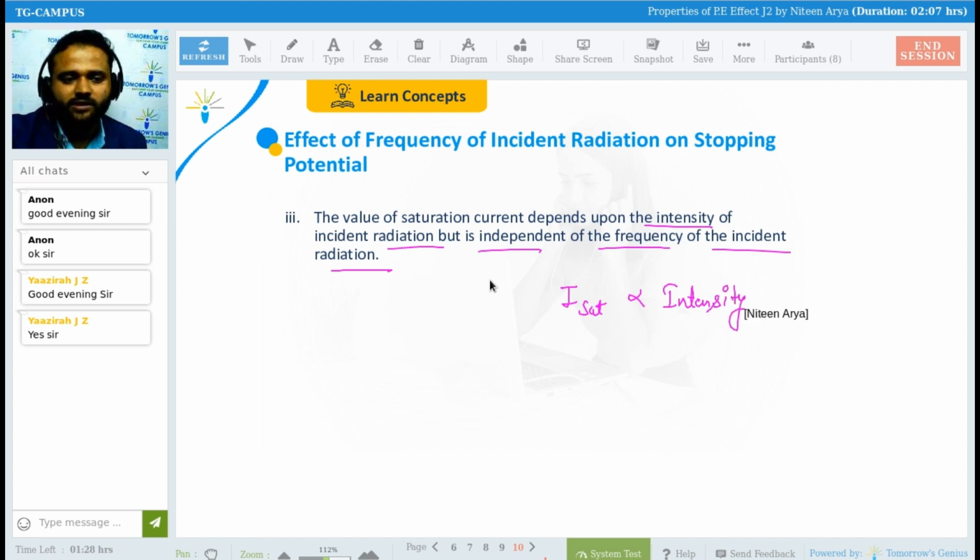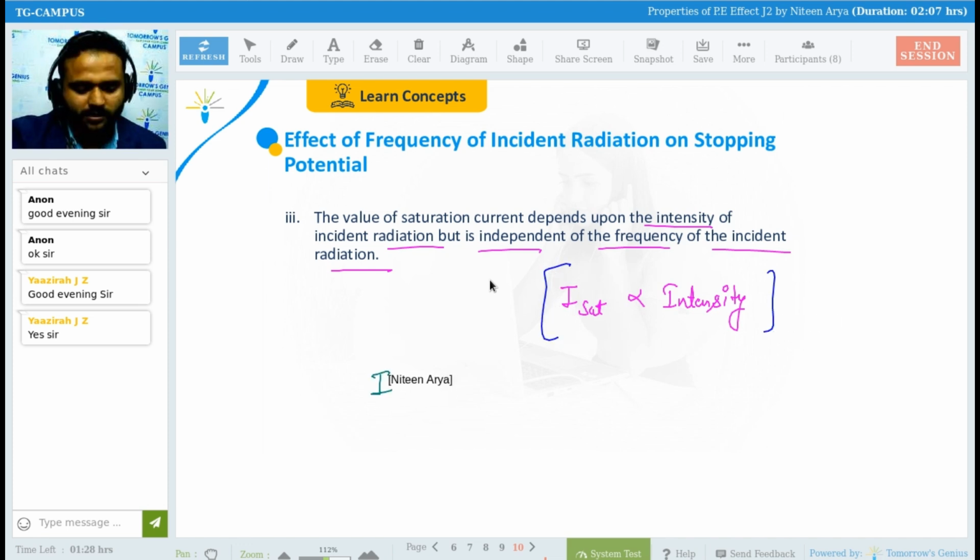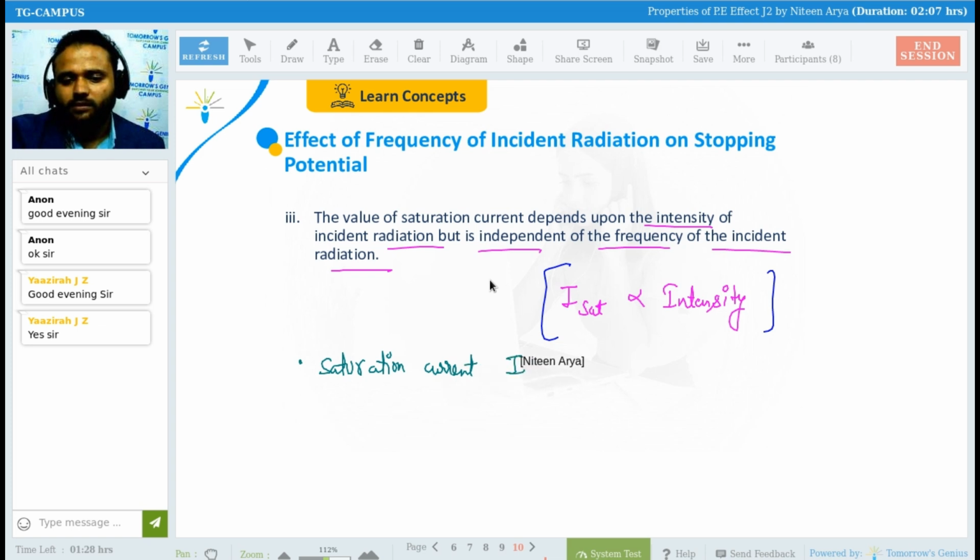I saturation is the saturation current, and I saturation is independent of frequency.